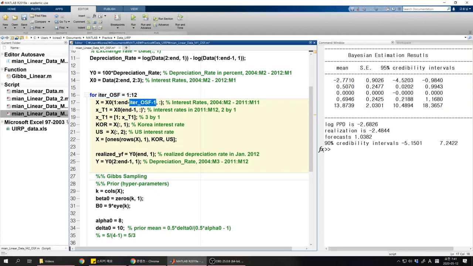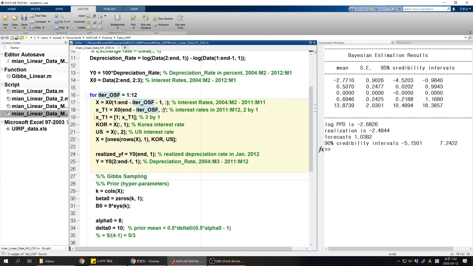And if itr_OSF is 2, then this is ND minus 3, like this. The starting point is fixed. So this ND minus 1 is simply itr_OSF. I always put a space between my plus or minus here.